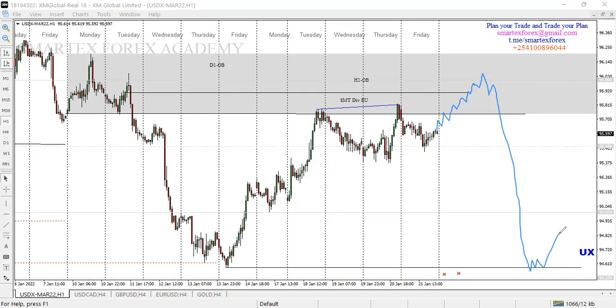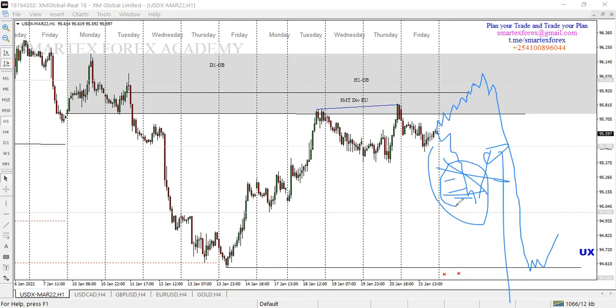For example, I have said that I'm expecting the price to go up here, then drop. Then on Monday, the price opens and just drops. I want to be selling here. I have to wait for a correction before I join the trend. It's not that because the price does not want to go up here and has started selling, then let me join the trend. That's not how we join the trend.